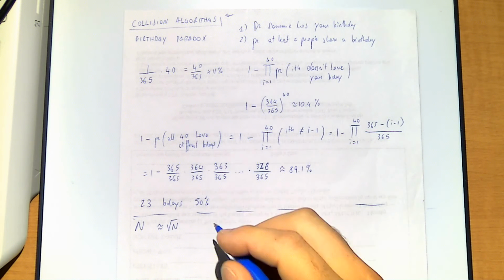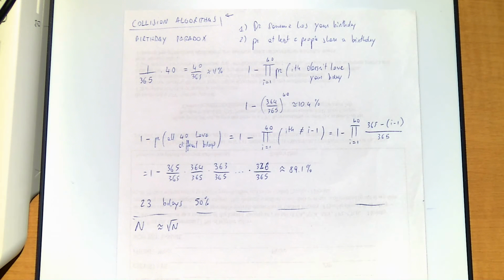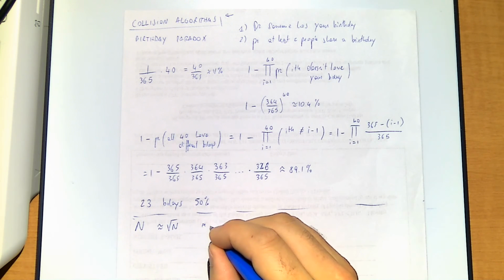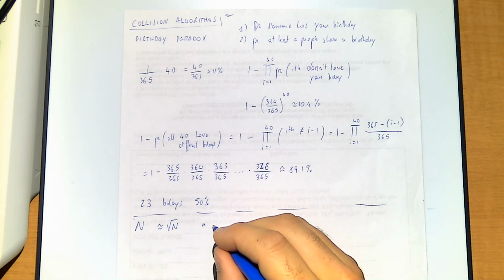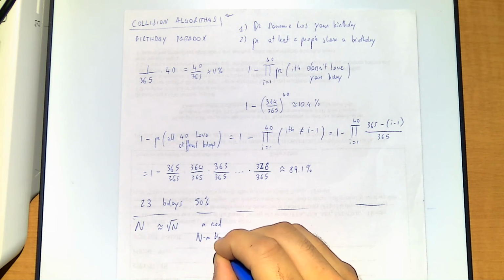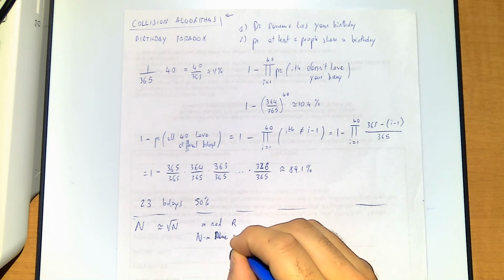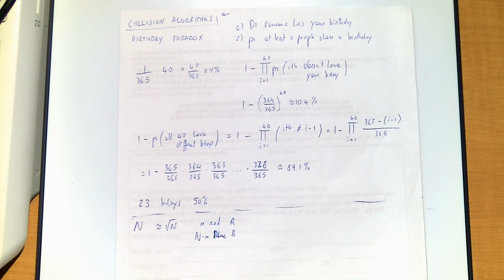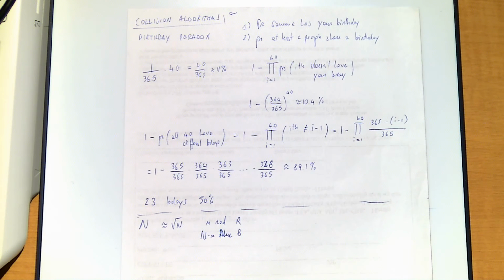So say that an urn contains N balls, and I have, say, n red, and then N minus n blue balls. Red and blue. So what you do is the same experiment that you did. You draw one, put it back, draw it again.